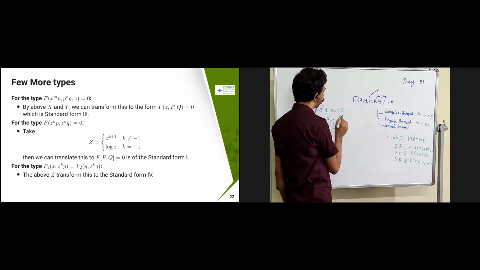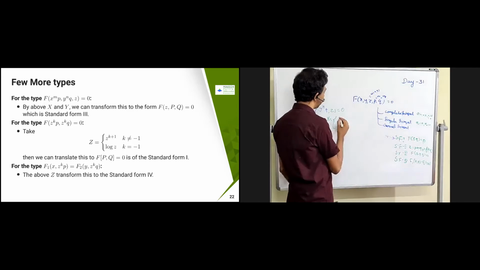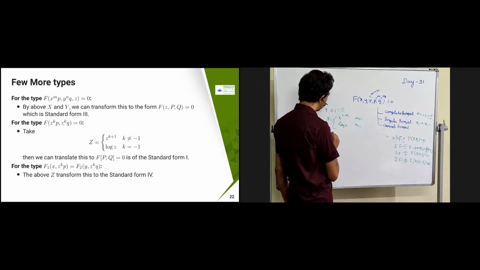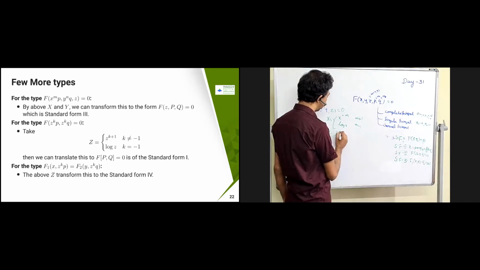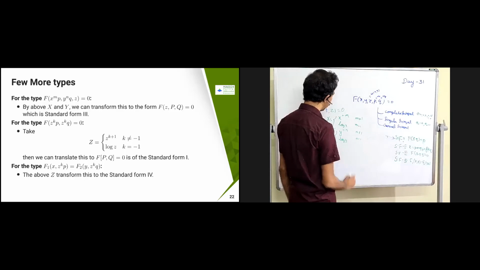I am going to put capital X equal to x power 1 minus m if m not equal to 1, and log x if m equal to 1, and Y equal to y power 1 minus n if n not equal to 1, and log y if n equal to 1.